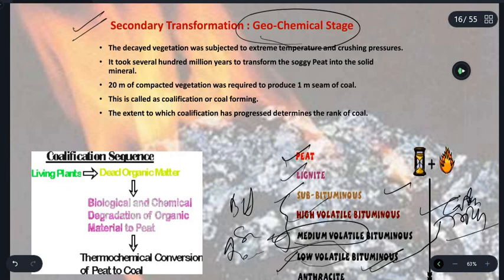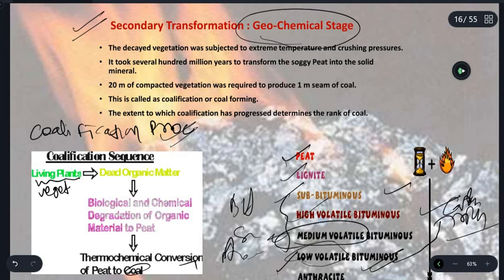Okay, carbon-rich coal. Now, how is the qualification sequence? If the examination asks about the qualification process, this is the qualification sequence. How the living plant or vegetation cover forms peat, peat to coal.